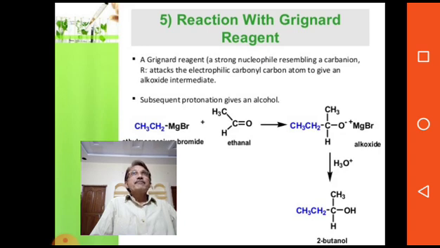One more property is also there, Clemmensen reduction and Wolff-Kishner reduction. Clemmensen reduction and Wolff-Kishner reduction are not included in this video lesson, but they are also characteristic properties of aldehydes and ketones. Aldehydes undergo Clemmensen reduction. Ketones also undergo Clemmensen reduction. The only difference is that the reducing agents are different.